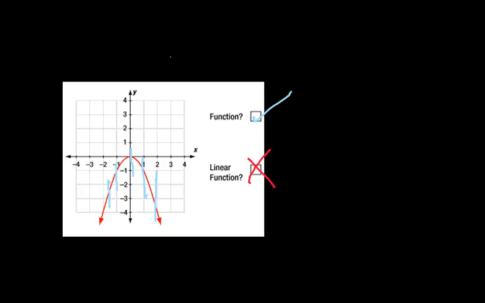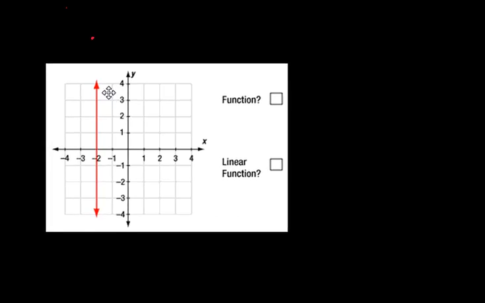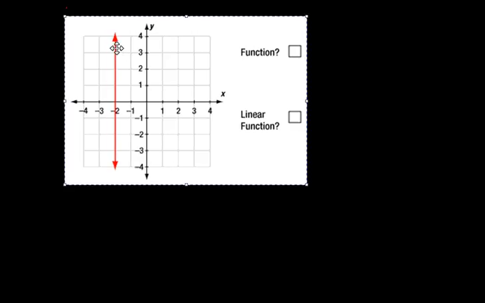Well, let's take a look at one more here. Let's look at this vertical line. The question you want to ask yourself is, for every point in the domain, well, x looks like it always equals -2.